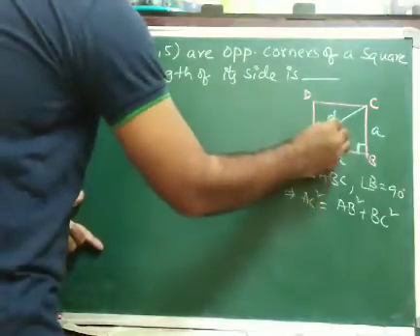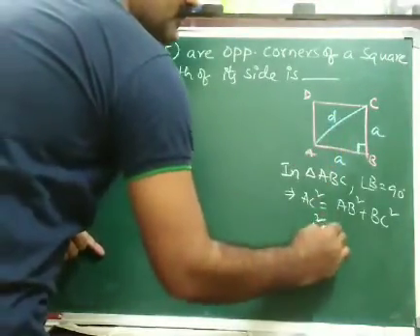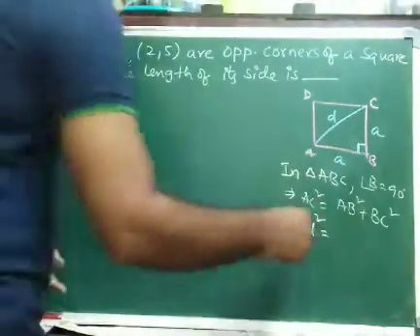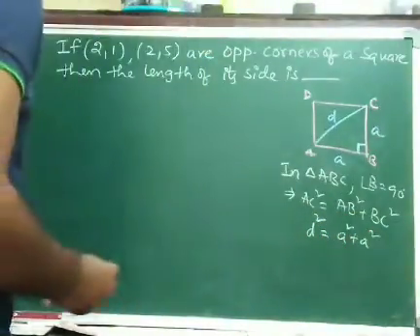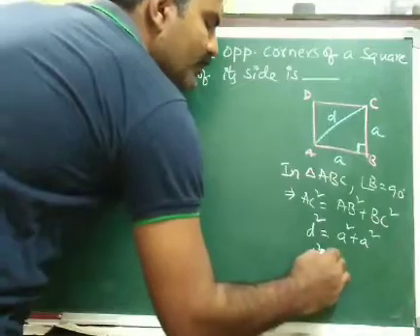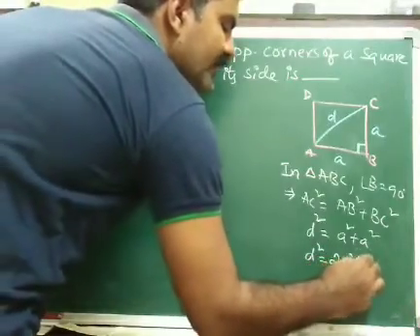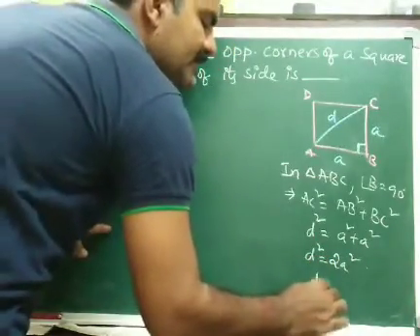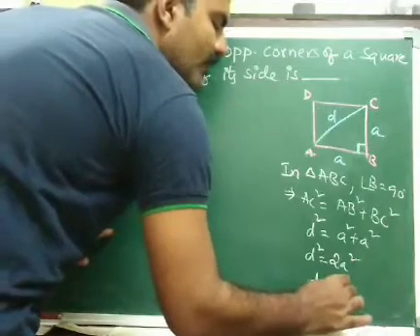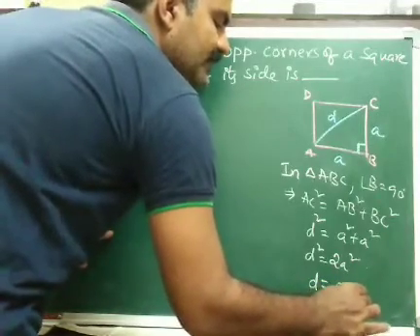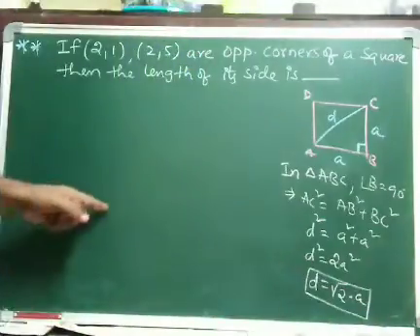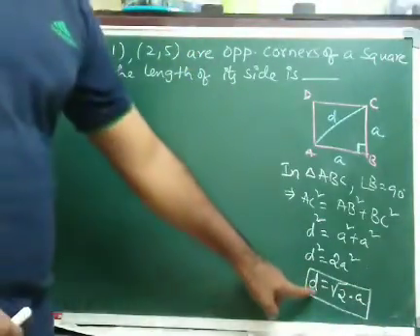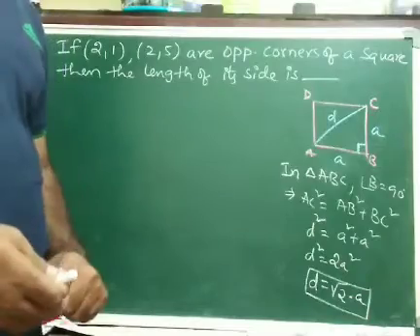So, AC square is nothing but, as per consideration, D square, and these two are equal to a square plus a square. So, D square is equal to 2a square and D is equal to square root of 2 into a. This is the formula to find the length of the diagonal of a square.